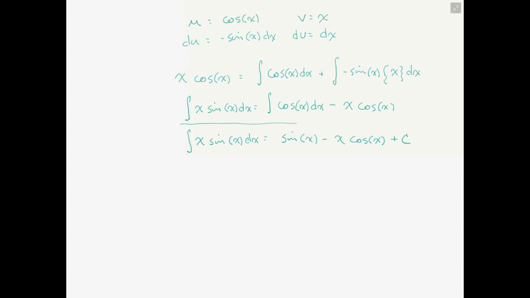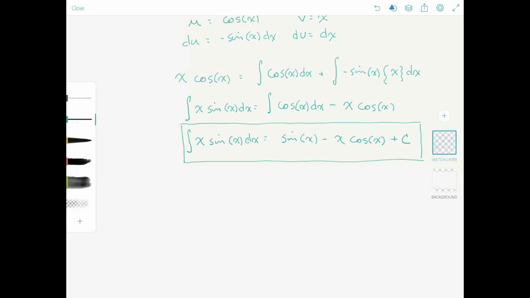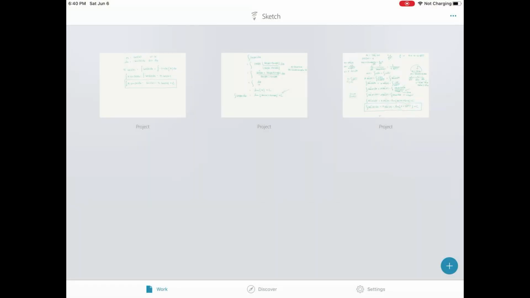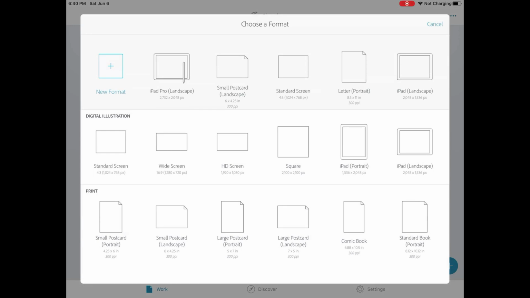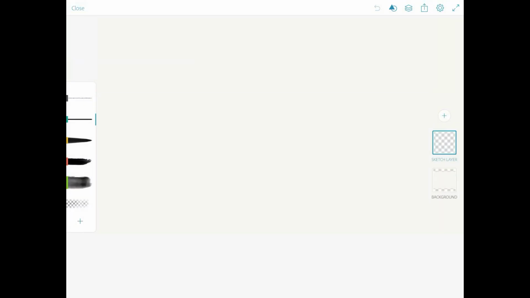And again, because this is an indefinite integral, we have to add the constant. And that's it. And now we have another integration. Integration by parts is a very powerful method for finding integrals.